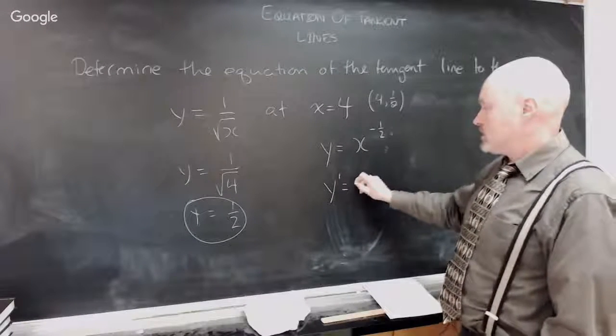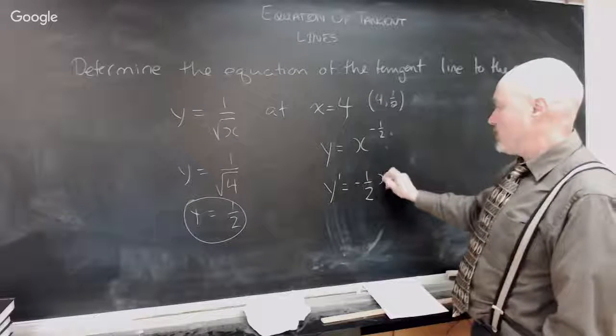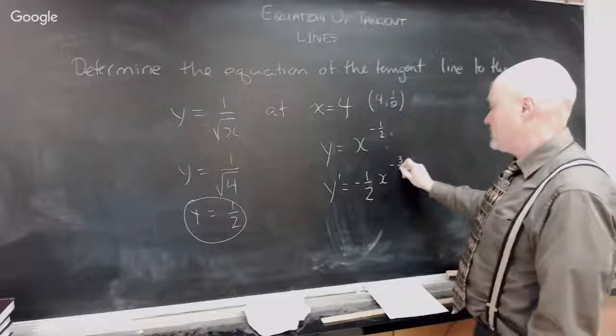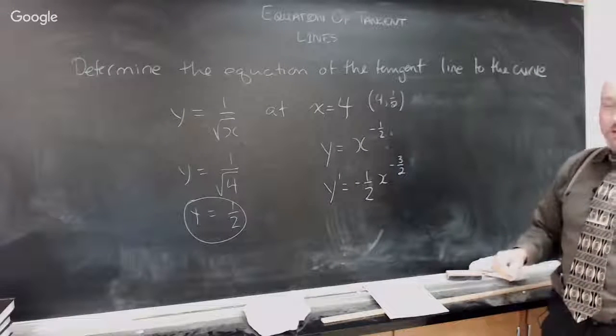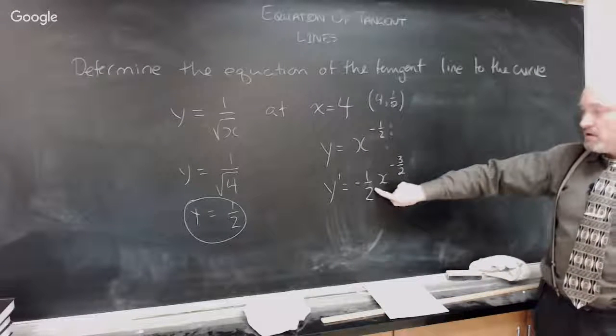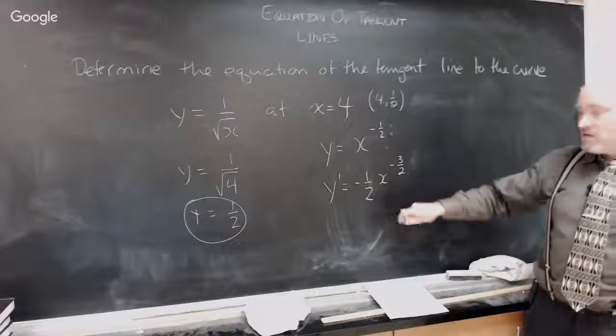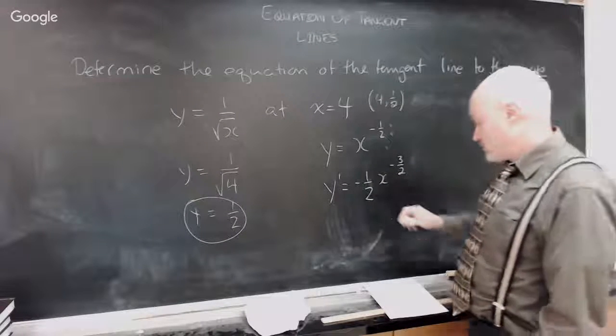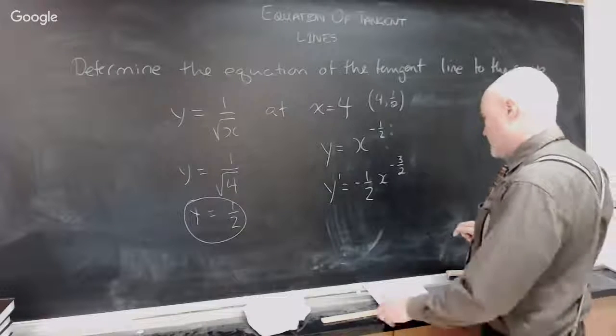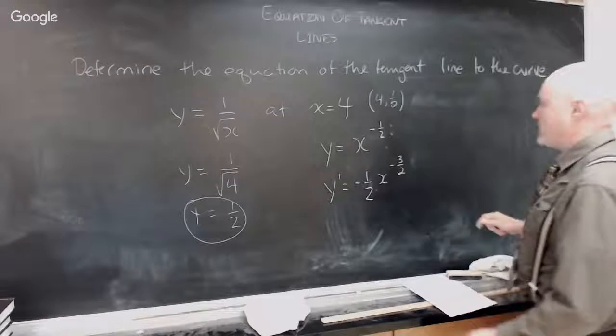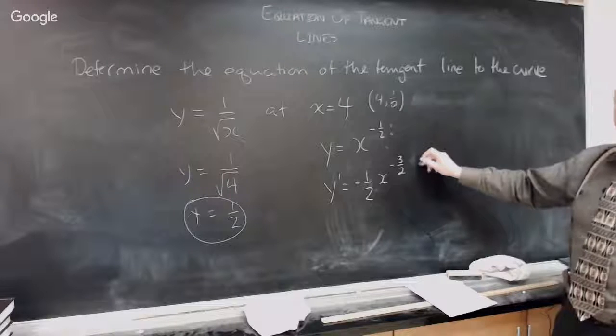And I'm going to take the derivative just the way I always take the derivative. I'm going to subtract 1 from the exponent, and the exponent is going to come down into the front. And this is my derivative for that function. It's pretty ugly, but we'll work our way through this.